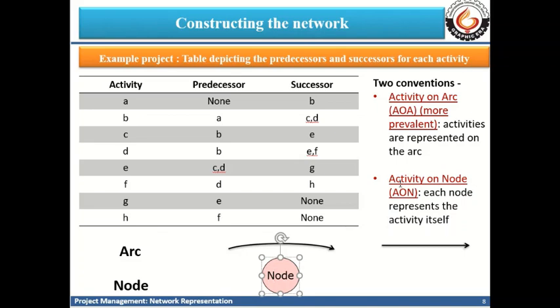There is another representation which is called activity on node, or AON in short, in which the nodes represent the activity instead of arcs. So we'll get a better understanding in subsequent slides how to go ahead with construction of an activity on arc, or AOA as it's abbreviated, diagram, as well as an activity on node diagram.